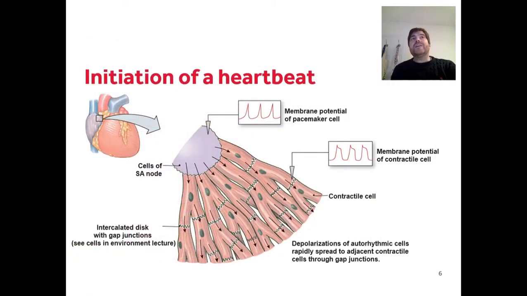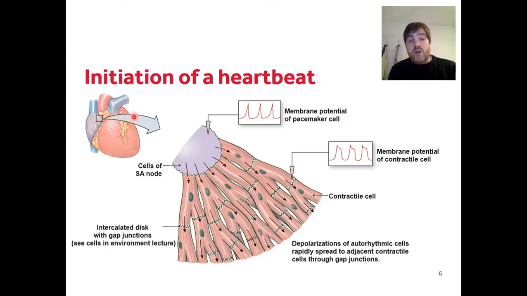In terms of initiation of a heartbeat, if you remember back to the previous lecture, I showed you that there was an area in the right atria called the sinoatrial node, and that is the pacemaker area for the whole heart.